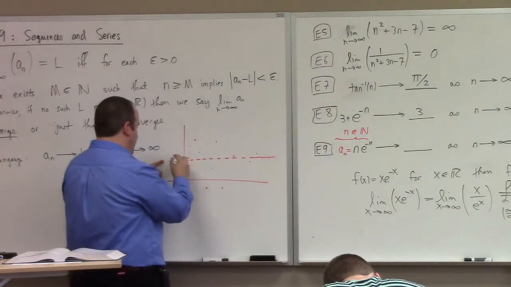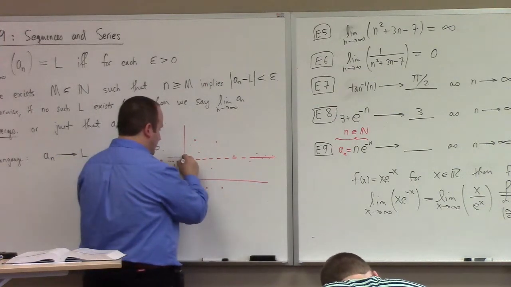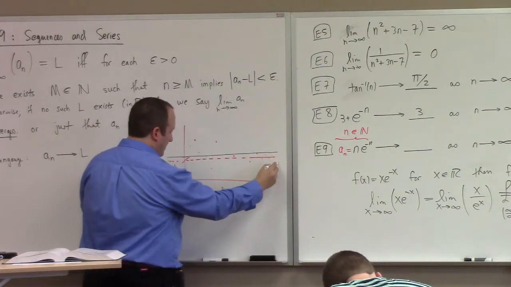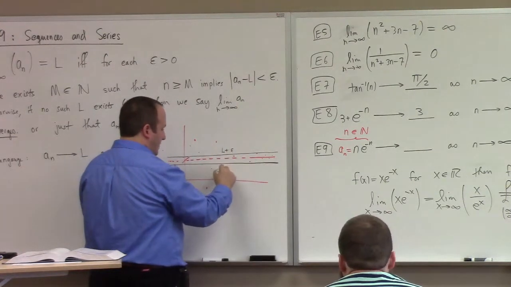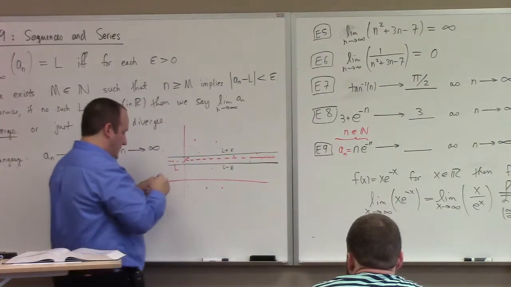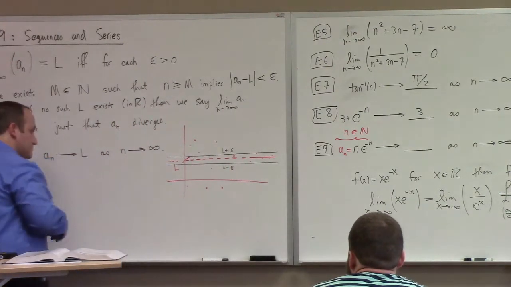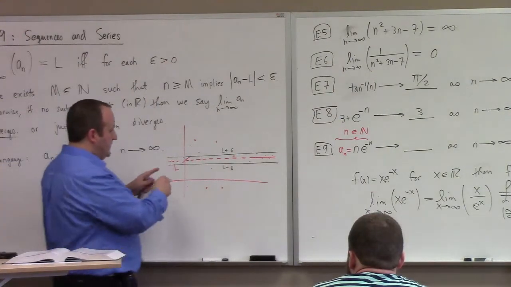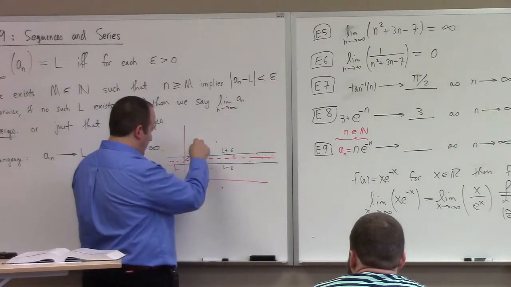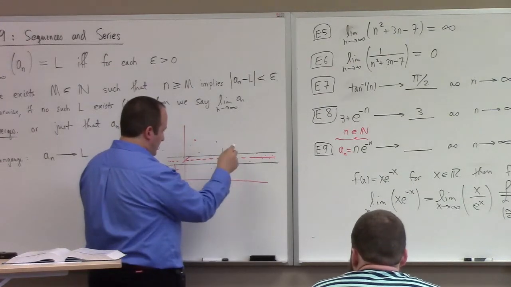Suppose I'm looking at this epsilon band. Here we're looking at L plus epsilon. Here we're looking at L minus epsilon. Geometrically, this m I have in the definition, for this one, it says 1, 2, 3, 4, 5, 6, 7, 8.